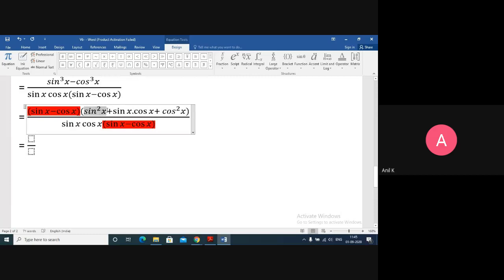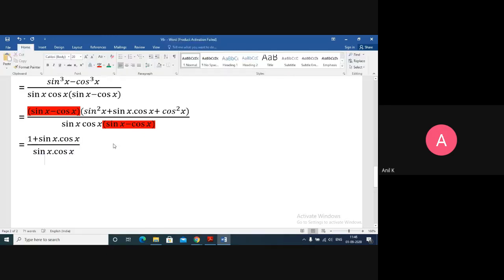You can see here sin square x plus cos square x. Can I replace sin square x plus cos square x as 1? Plus sin x into cos x upon the denominator, which also we have left with sin x into cos x. Still, more steps are left.